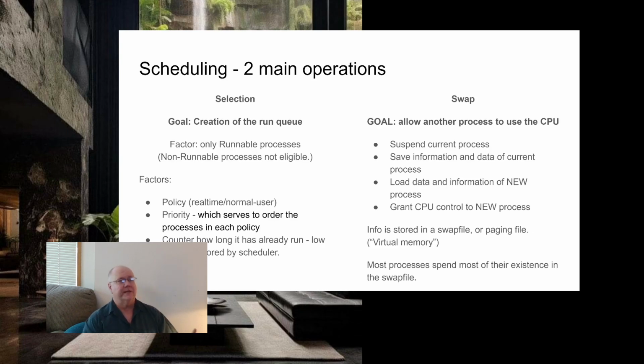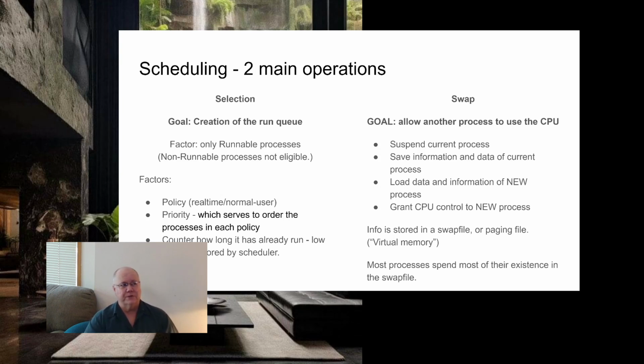When we talk about scheduling, there are two main operations. To create the run queue is a process called selection, and to allow another process to use the CPU is called swapping. In selection, the candidate processes are the runnable processes. Non-runnable processes are not eligible for selection.